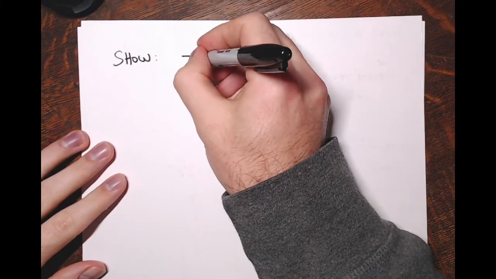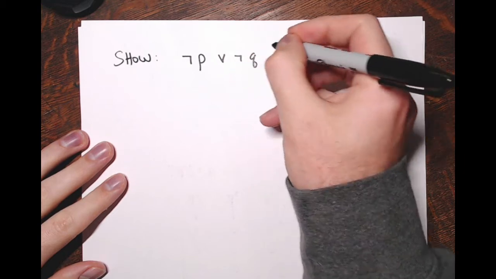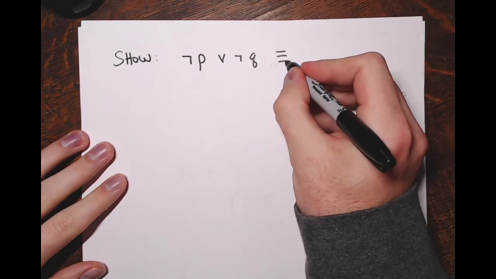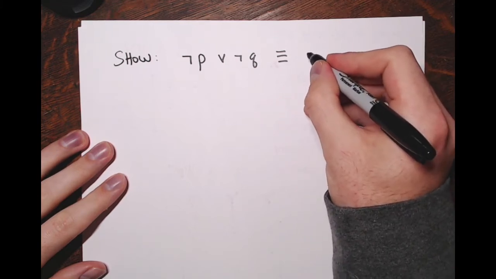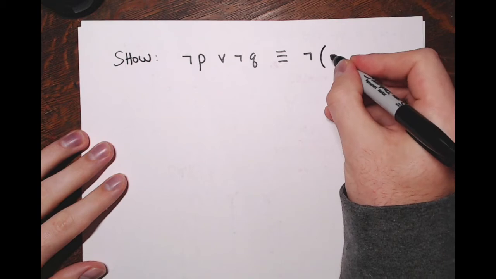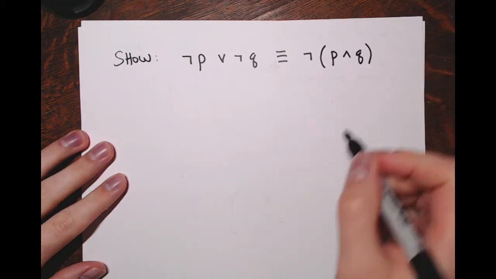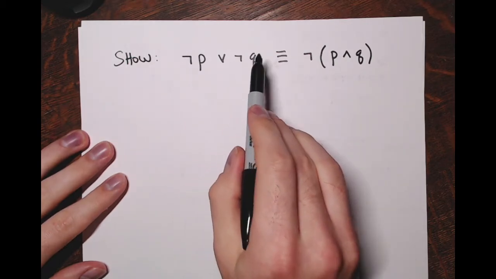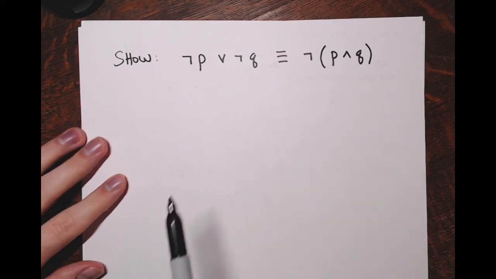Say that not P or not Q, show that that statement is logically equivalent, that's what this triple equals means, to the statement not, and then in parentheses, P and Q. All right. So not P or not Q is logically equivalent to not (P and Q).